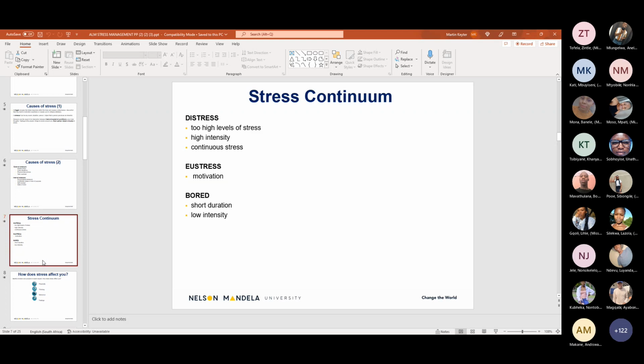Because your body also gears up and goes into ready mode when experiencing stress, it cannot be in that state physically for long periods of time. It's harmful to your body to be under continuous stress and chronic stress, which comes with high intensity for long periods of time.